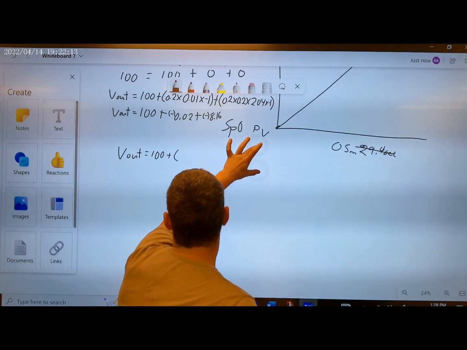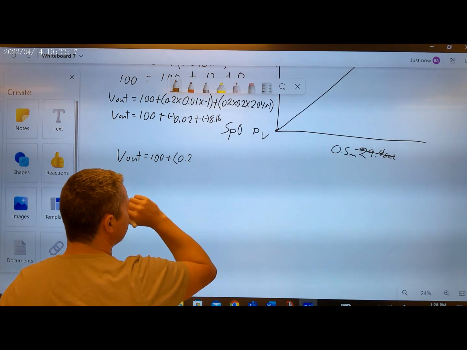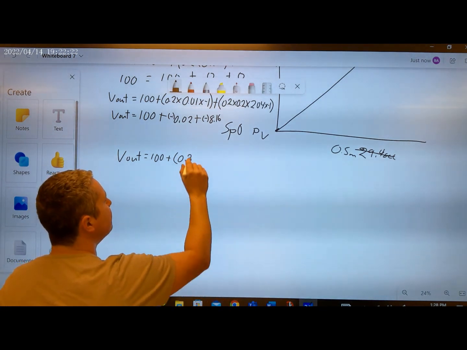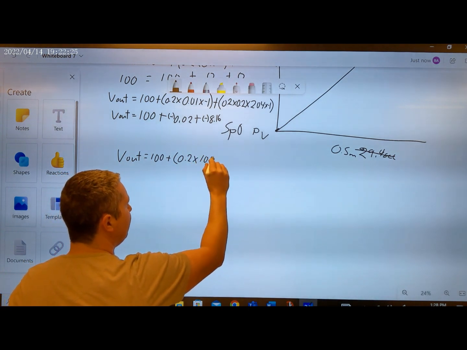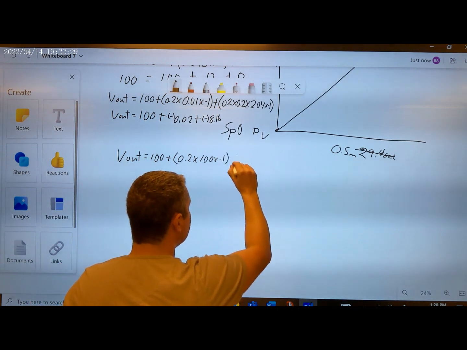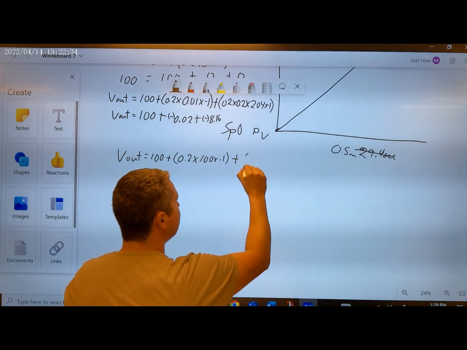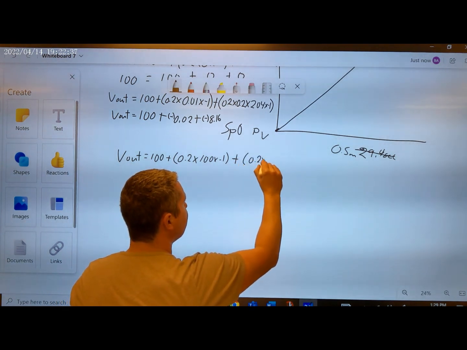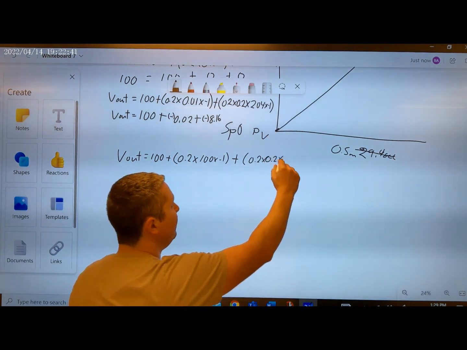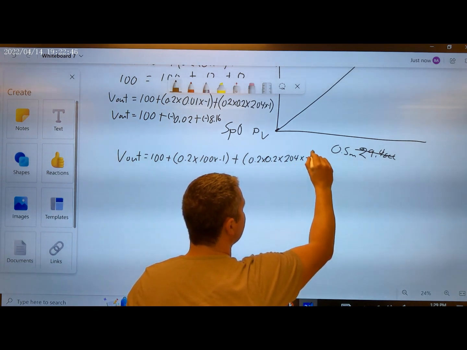So, we have V out equals 0.2, that's our proportional gain, times our error of 100, times our direction of -1, plus our derivative, which equals 0.2 times 0.2 times, and it's still the same ramp rate of 204 times -1.